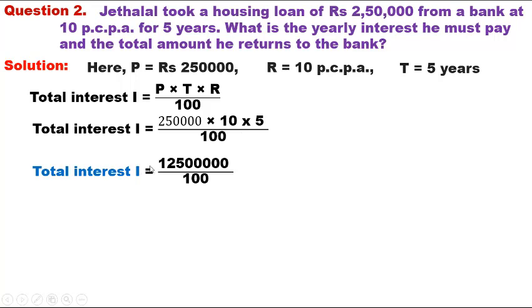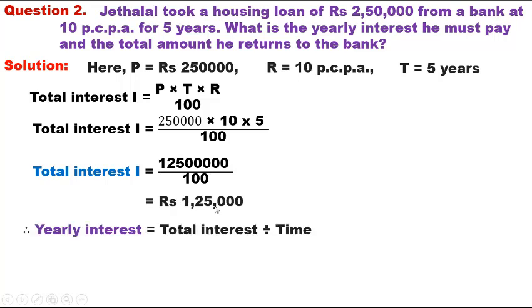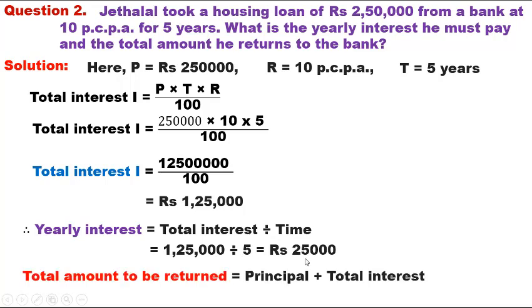Therefore, total interest is equal to 1,25 lakh divided by 100, which is 1,25,000. Yearly interest is equal to total interest divided by time. 1,25,000 divided by 5 is equal to 25,000 per annum.